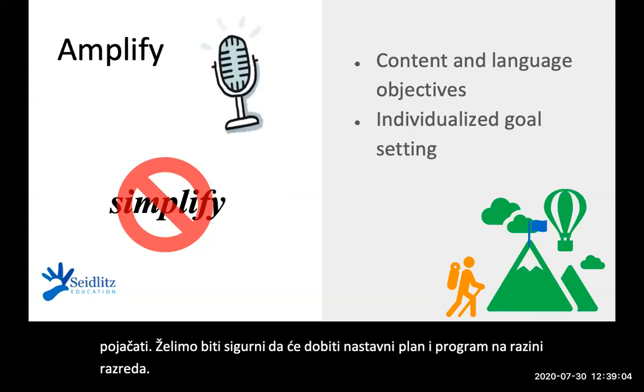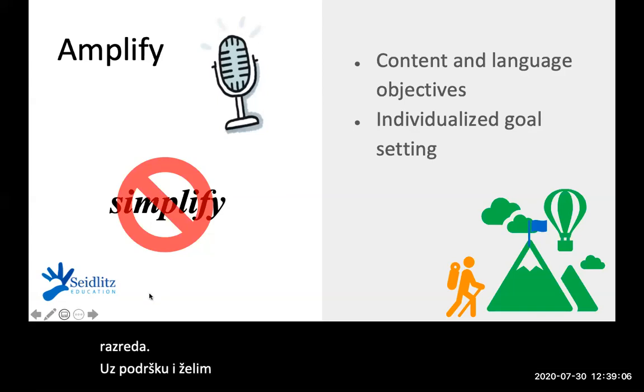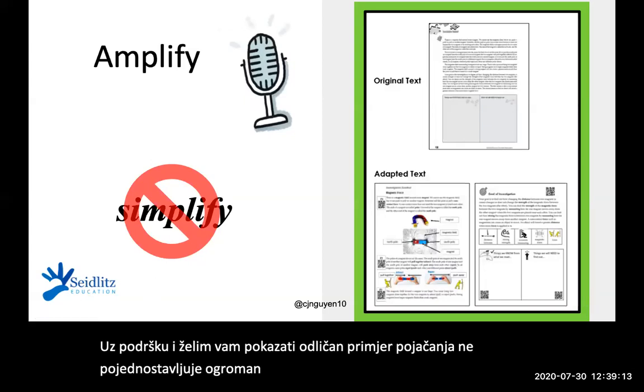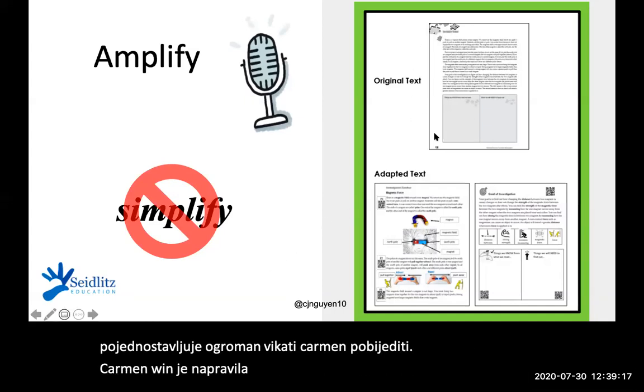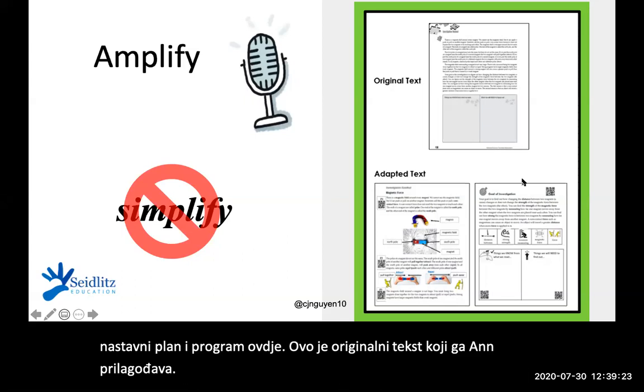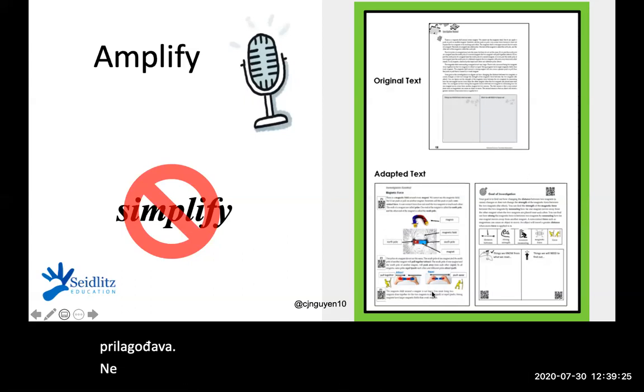And I want to show you an excellent example of amplifying, not simplifying. Huge shout out to Carmen Wynn. Carmen Wynn did an amazing job of taking grade level curriculum here, this is the original text, and adapting it. The other day, Larry Ferlazzo shared this, and he called it engineering the text.